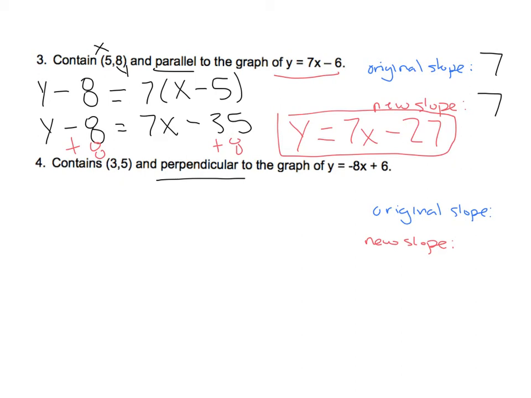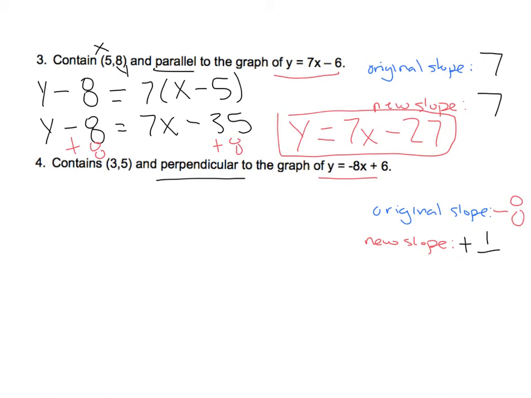Number 4 contains 3, 5 and perpendicular. So I'm going to let you do this one on your own, but I'm going to help you with the slope part. So the original slope for this equation given to us is -8. Now the new slope, because we want it to be perpendicular, has to be opposite that, so it's going to be positive, and reciprocal, which means you have to flip 8.